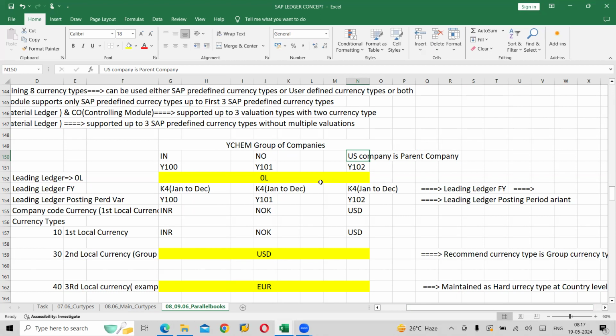That fiscal year is considered the 0L fiscal year, the leading ledger fiscal year. The 0L ledger is adopted from your company code. Whenever we create a company code, the 0L ledger is automatically assigned to it. Any questions here?